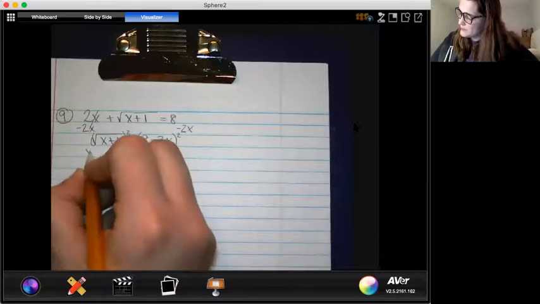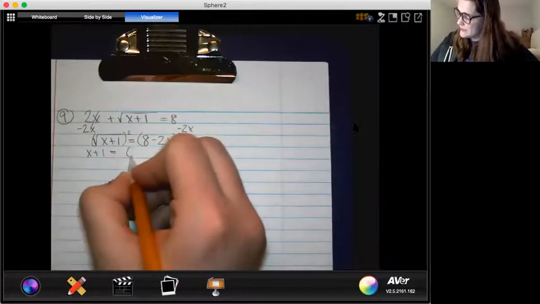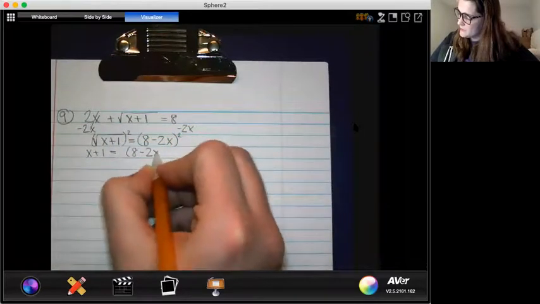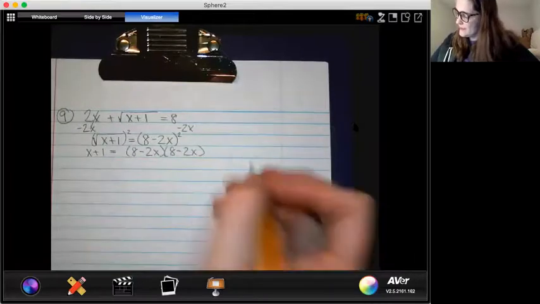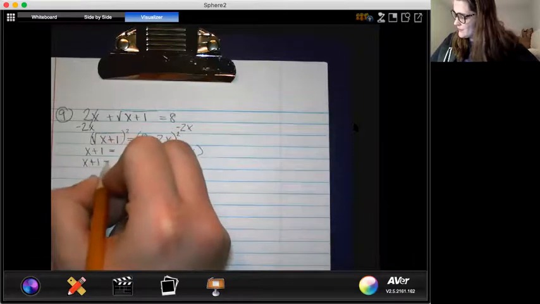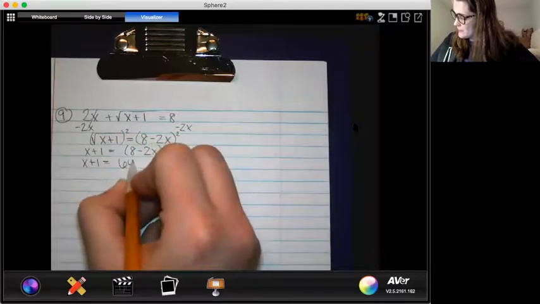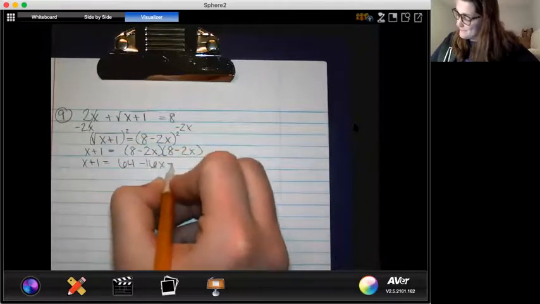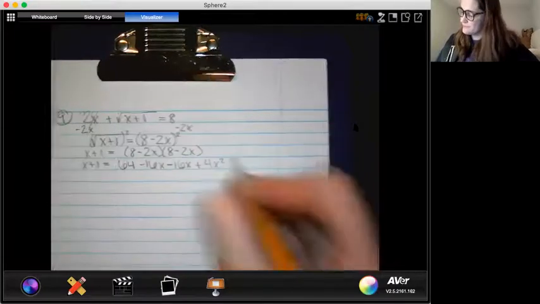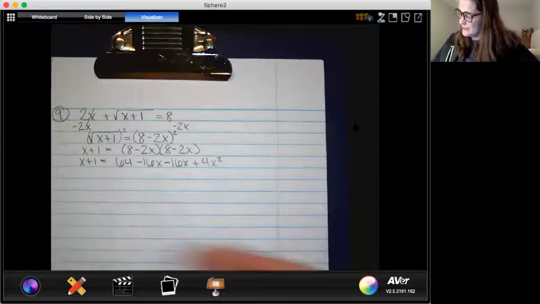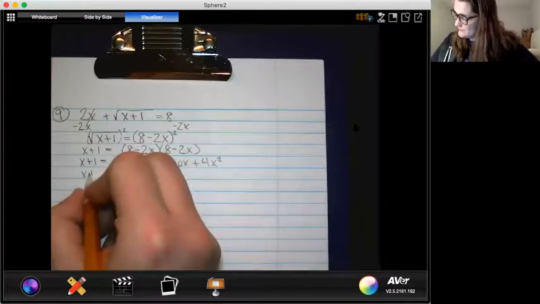So I have x plus 1 equals 8 minus 2x times 8 minus 2x. We expanded it. Then I'm going to FOIL. So I have 64 minus 16x minus 16x plus 4x squared. Combine like terms and simplify.